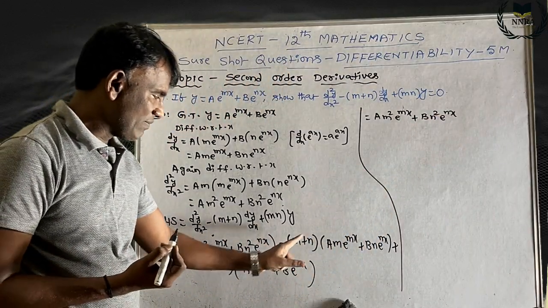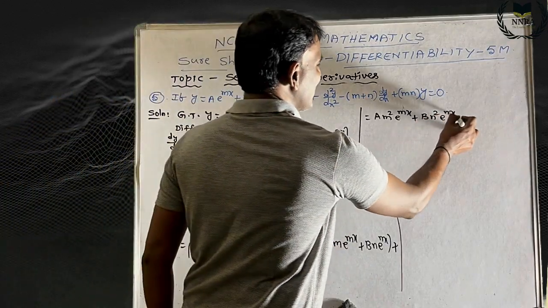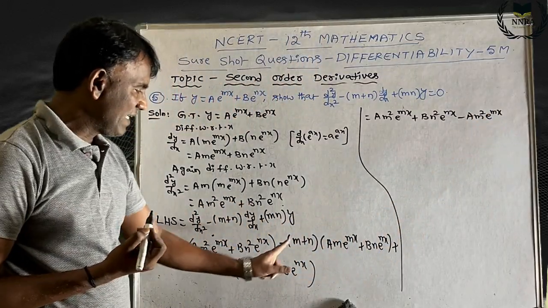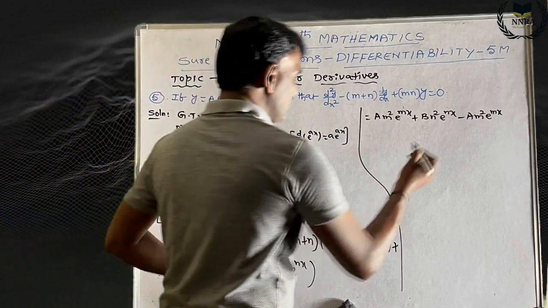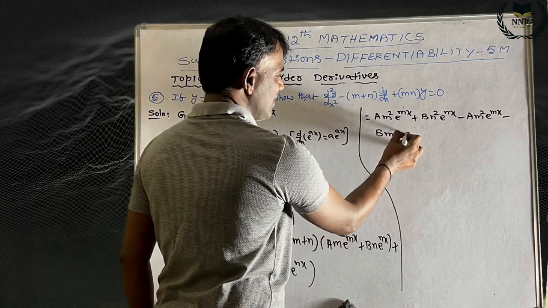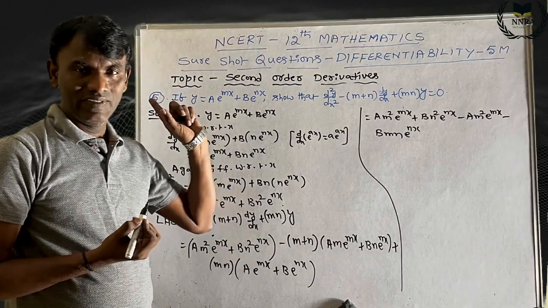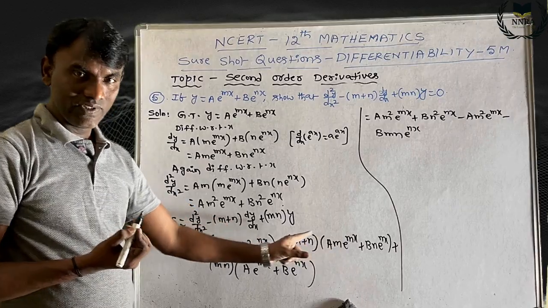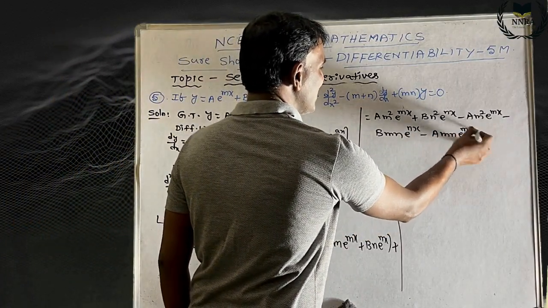Now see, m into am square e power mx before minus, no? So that can be written as minus am square e power mx. Again m into bn, that can be written as bmn before minus. So minus bmn e power nx. Now multiply this term and this term. This term is bracket value. Okay, what is the first one? n into am. So amn. So again write here minus amn e power mx.